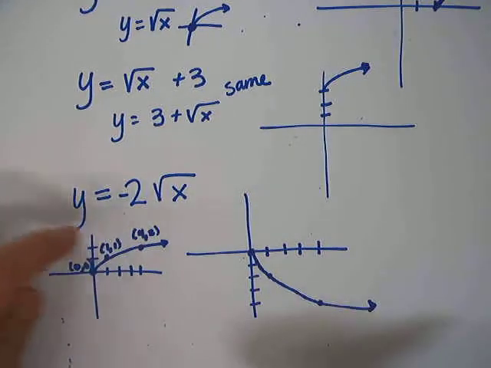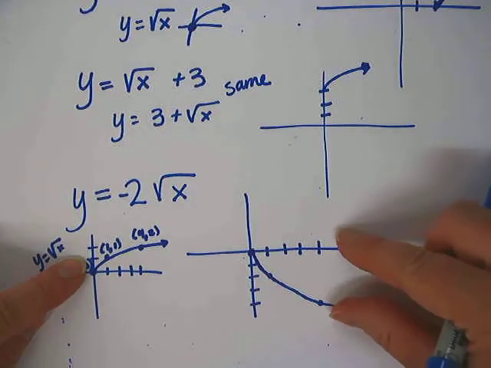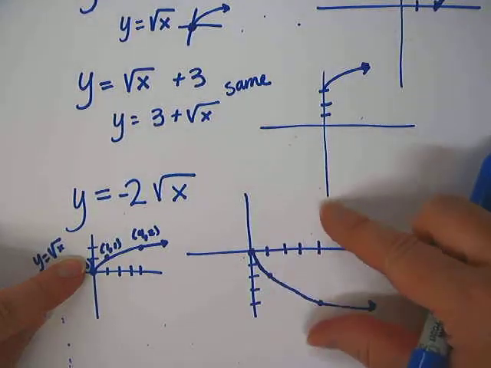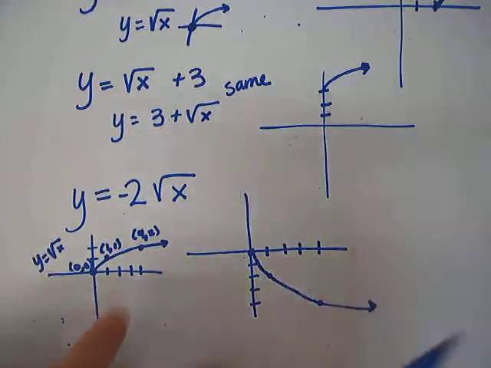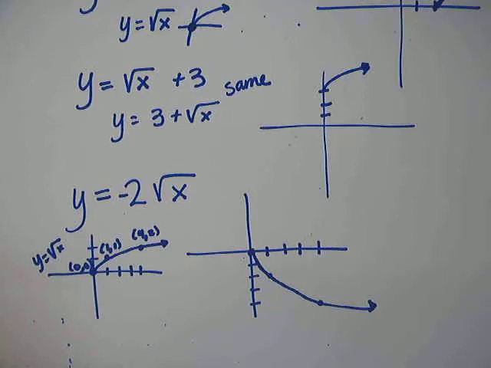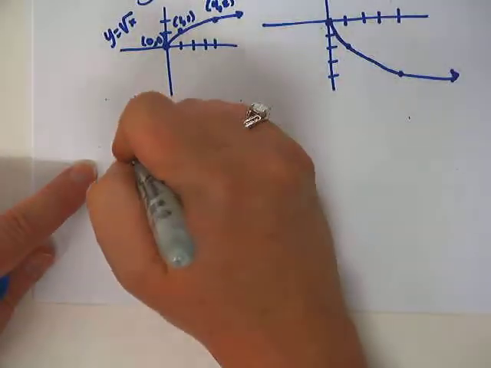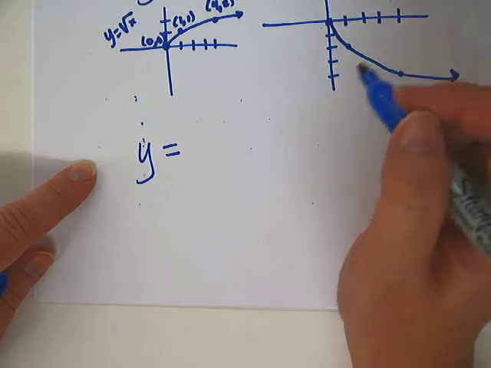Negative 4. So what has it done to our function that originally looked like this? Or like this? What's happened to it? The negative has flipped it upside down. Good. And what has the 2 done? Stretched it so that those y values are twice as big as they were originally.